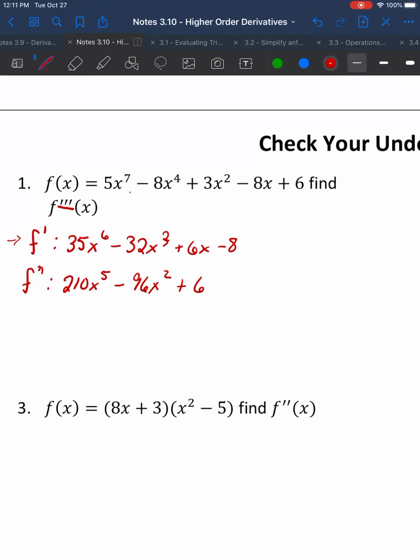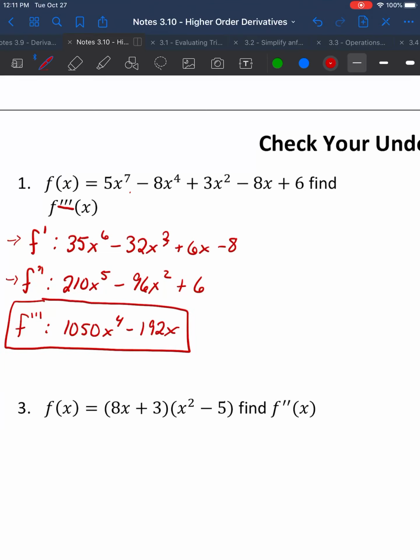Okay, so there's my second derivative. Then I can finally get my third derivative by taking the derivative of the second derivative. Okay, so higher order derivatives just mean you take a derivative and then you take the derivative of the answer. And then you do another derivative of that answer, and so on and so forth, okay?